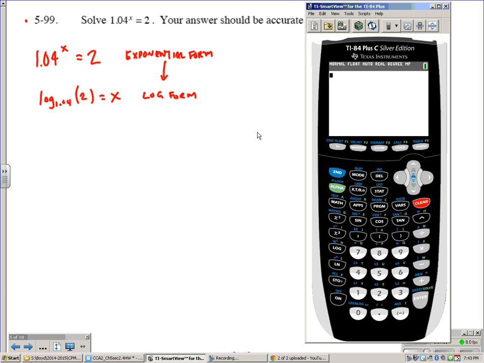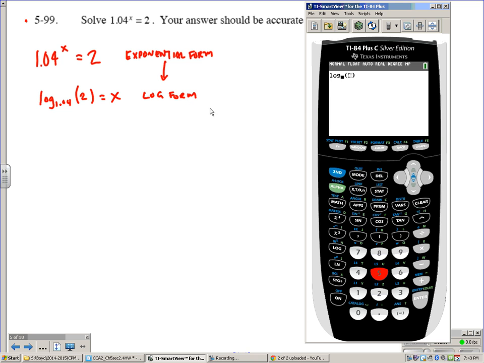So first of all, if you have a graphing calculator that has a new operating system on it, which means basically if I can press alpha and press window and it brings up menus, or if I press y equals, I have the ability to put in fractions. What I want to look for here is number 5, log base. If we press 5, it's going to bring up the ability to change the base as we type in our log functions.